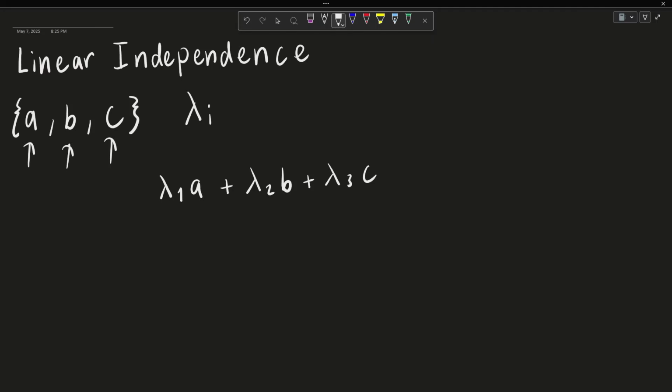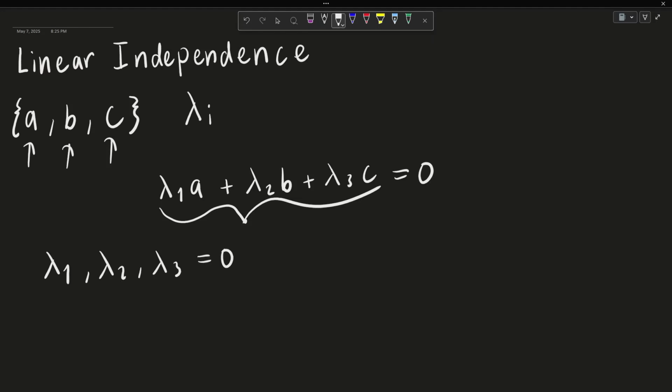If we want to figure out whether or not A, B, C, the set, is linearly independent, we check whether or not this linear combination equals 0 if and only if lambda 1, lambda 2, and lambda 3 equal 0.